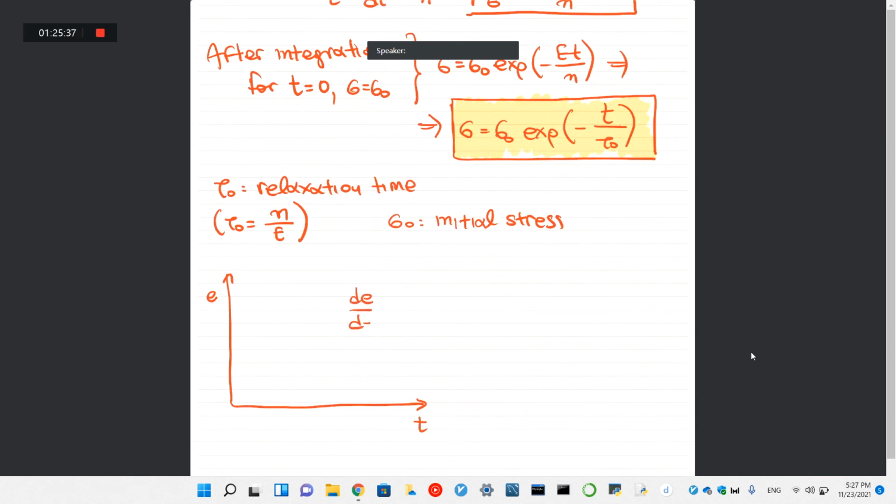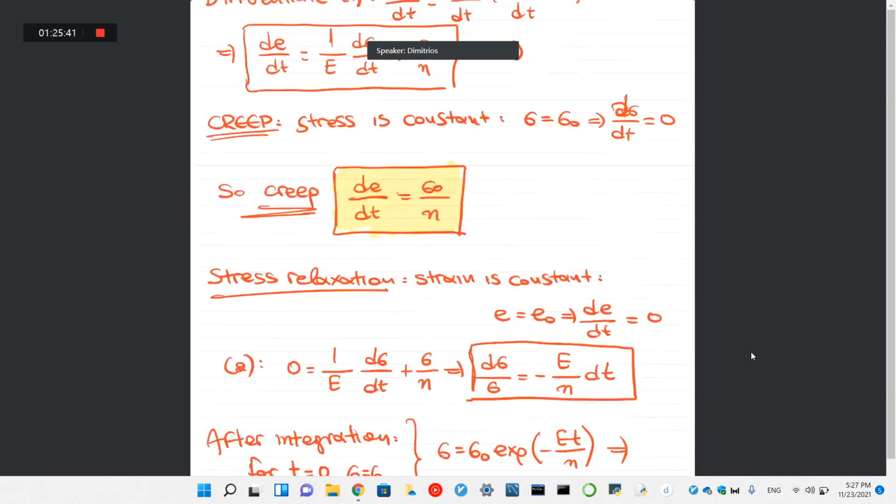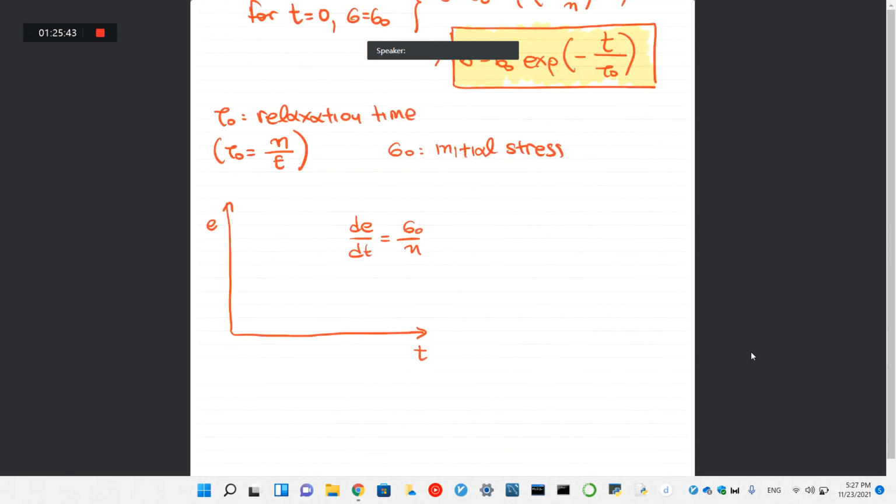Sigma 0, okay? So from this equation, the graph that is obtained looks like that, okay? Where sigma 0 over eta is the slope of this curve, of this red curve, and this origin part here is given by sigma 0 over E, okay?